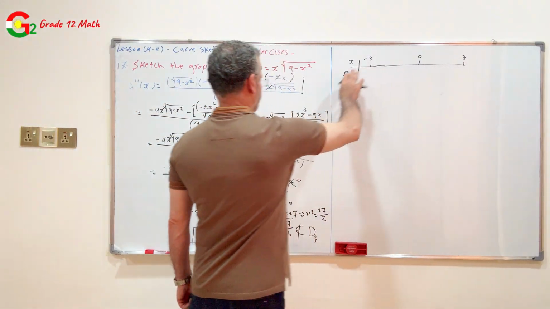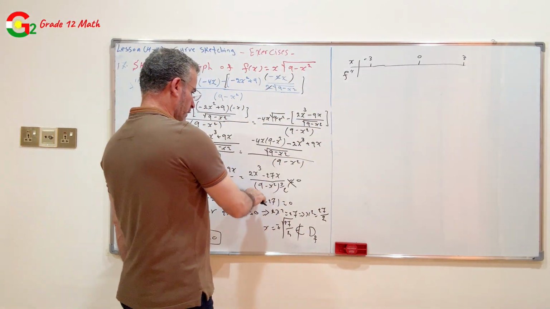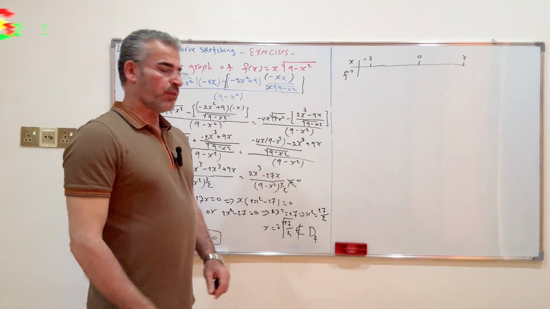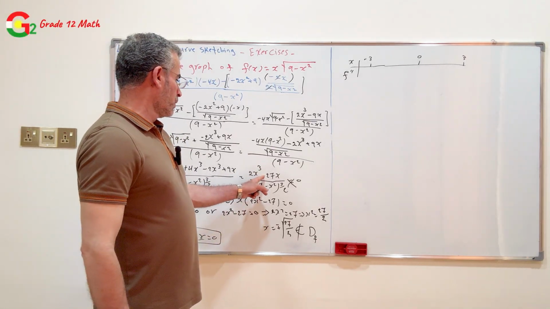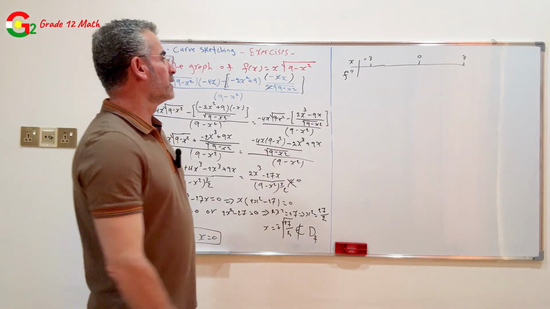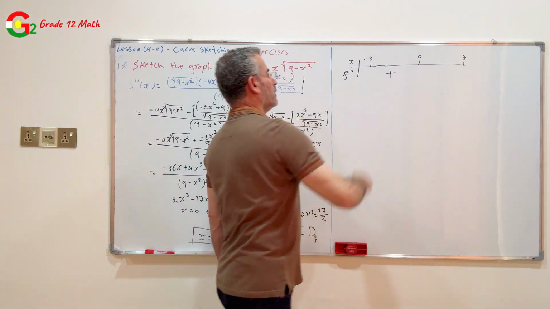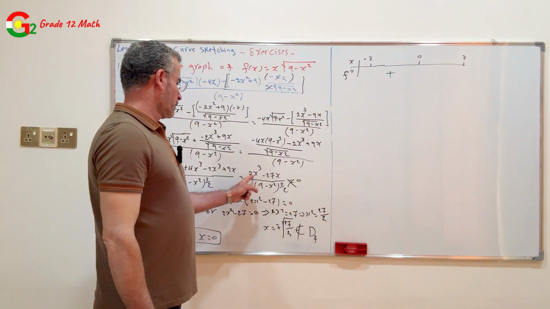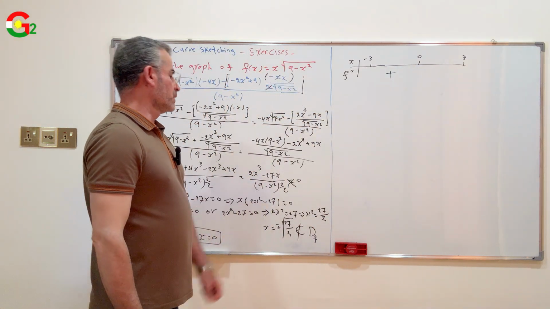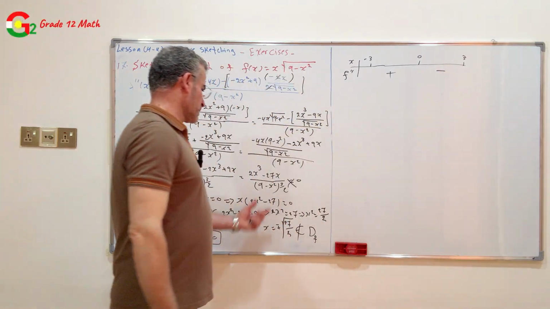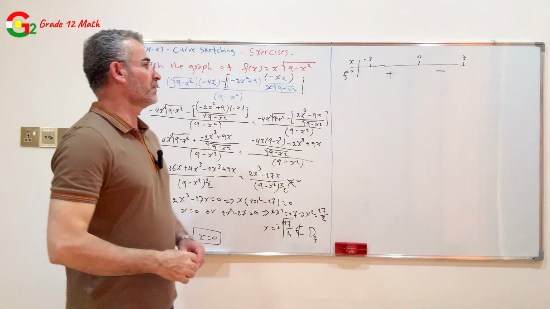Before 0, take negative 1: 2 times negative 1 to the power 3 is negative 2, plus 27, it is a positive value. After 0, take 1: 2 minus 27, it is a negative value, since the denominator is always positive.